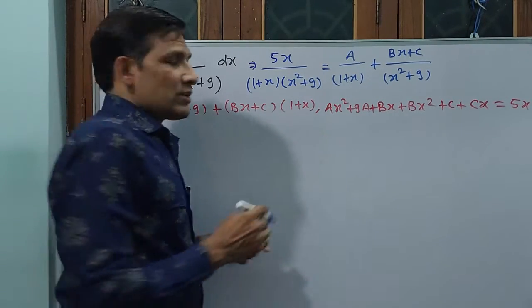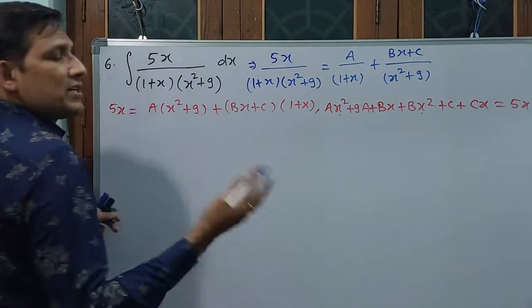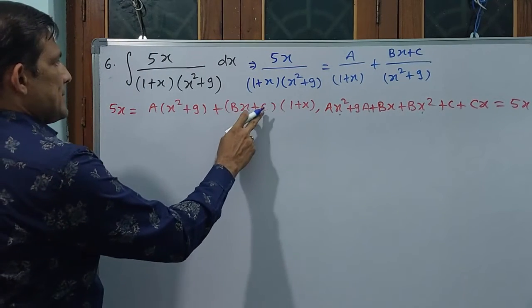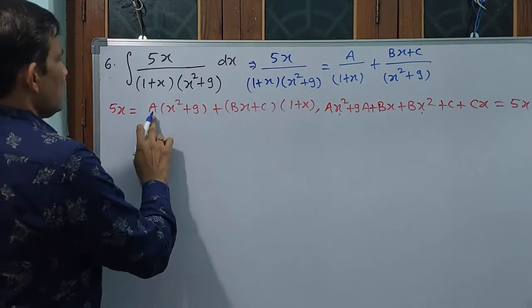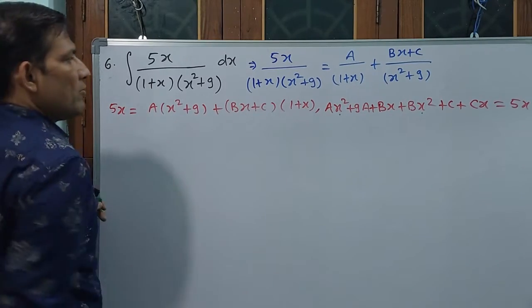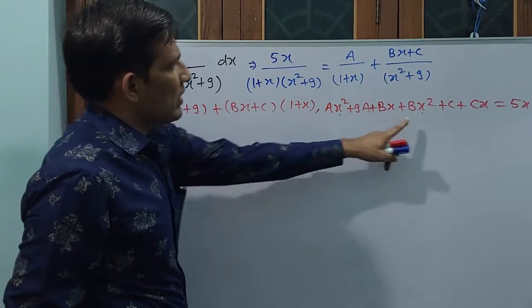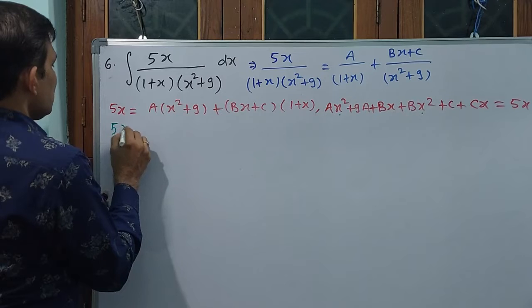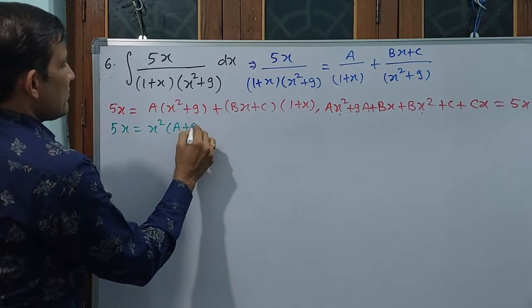You separate the x square coefficients, x coefficients and constants. Constants are also there: 9a is there. See, x square terms: ax square, bx square, that means a plus b. So 5x is equal to x square times (a plus b).